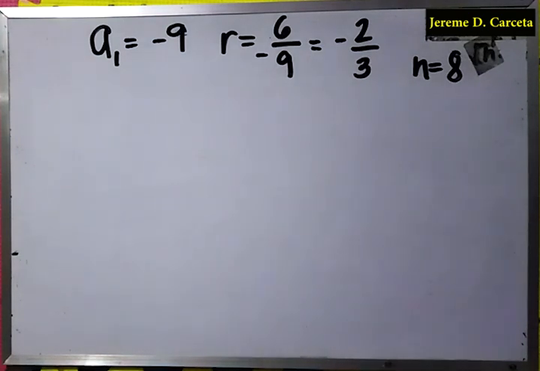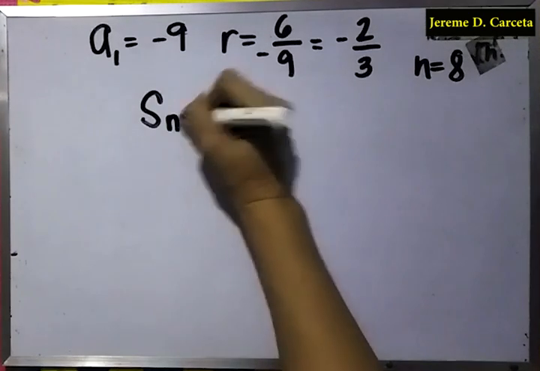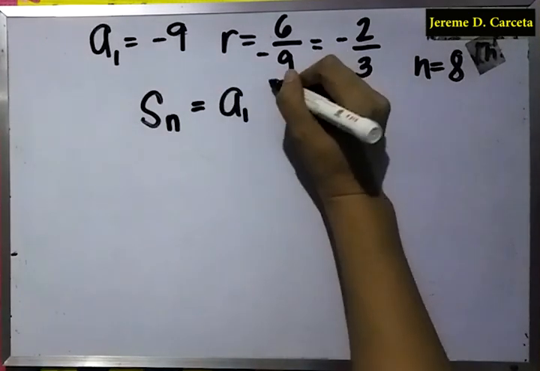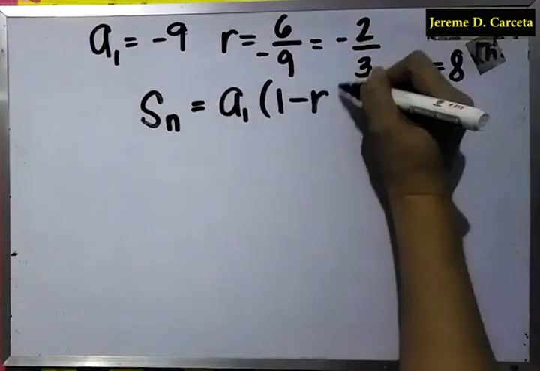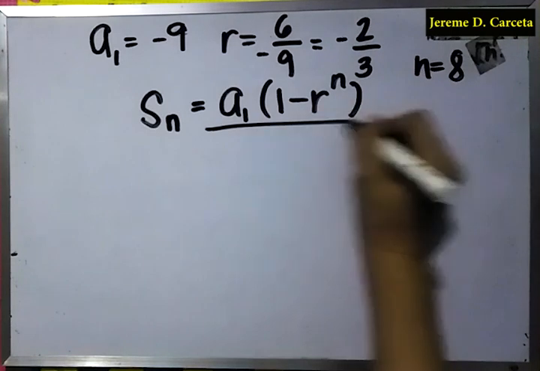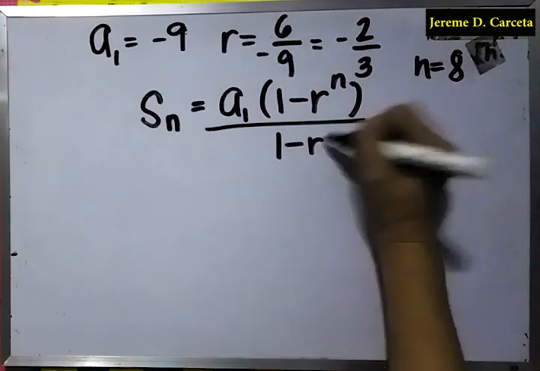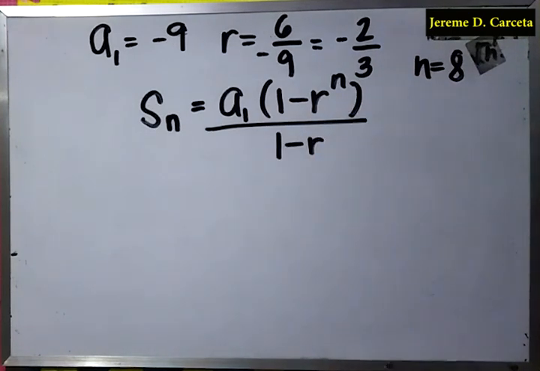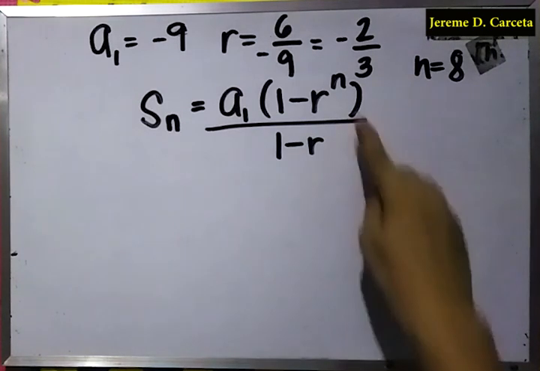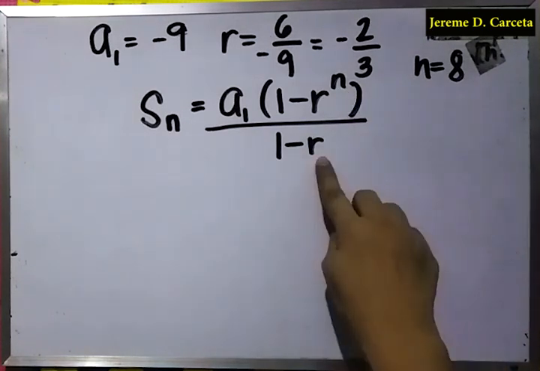Since a sub 1, r, and n are given here, we can use the formula S sub n is equal to a sub 1 times 1 minus r raised to n over 1 minus r. As you have noticed, we have here the first term, the number of terms, and our common ratio.